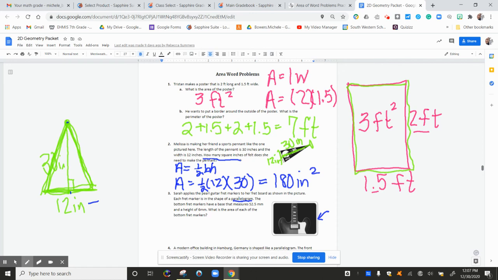Then label the things. The base measures 52.5 millimeters, and the height is 6 millimeters. I'm going to draw those inside my picture.